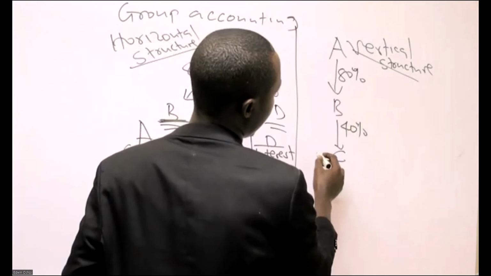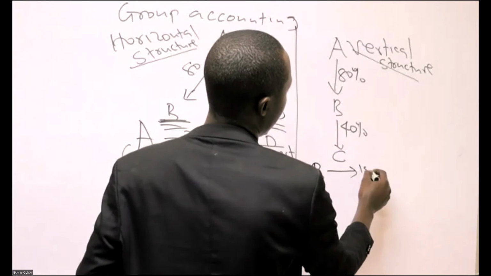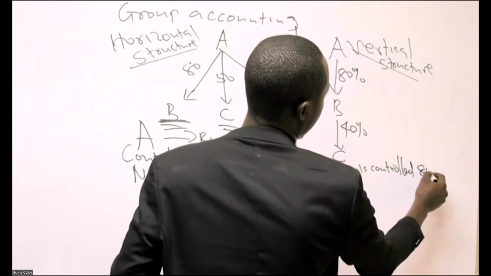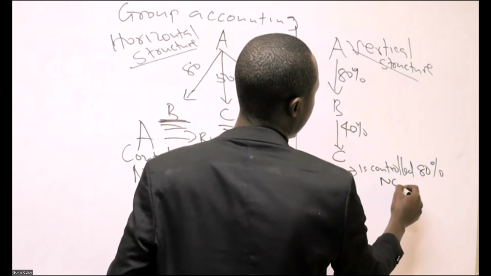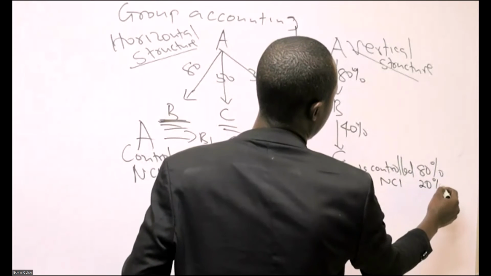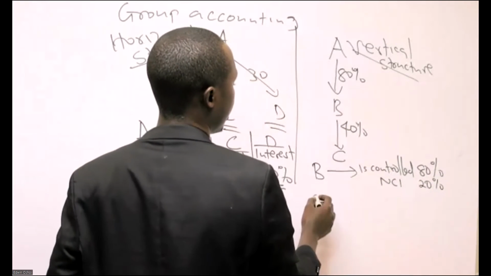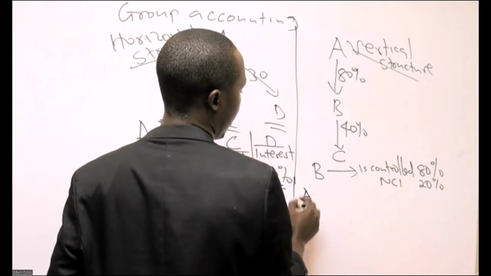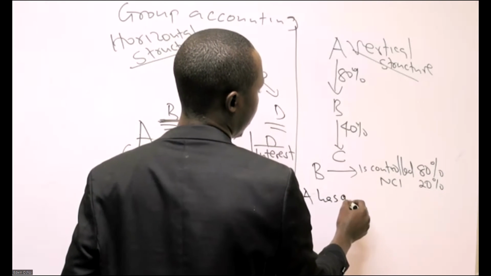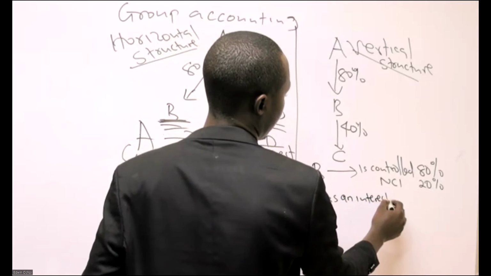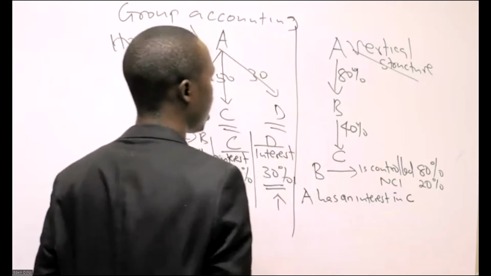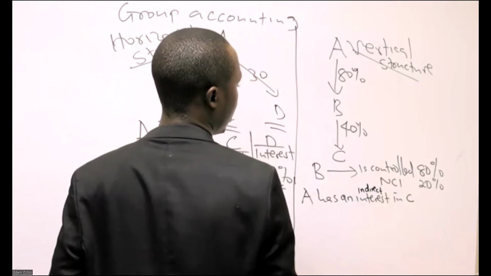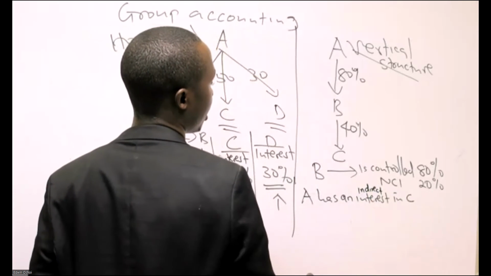So in this case, B is controlled 80%. So NCI is 20%. Then C, A has an indirect interest in C. So how do you know that indirect interest?